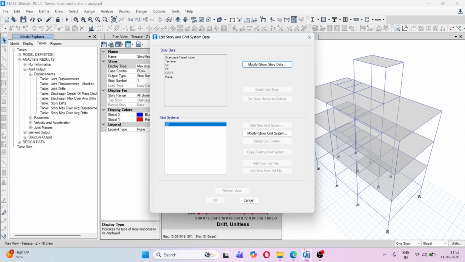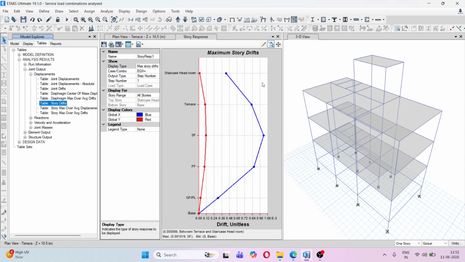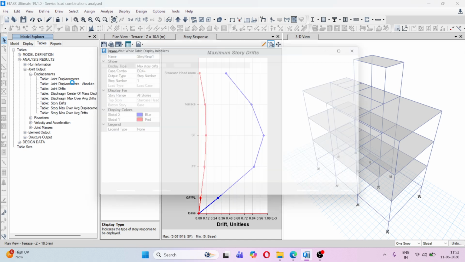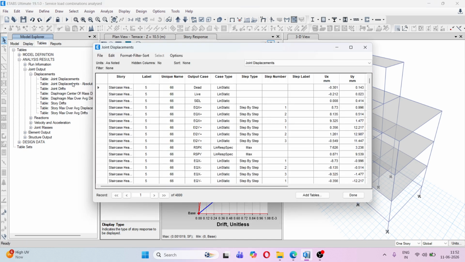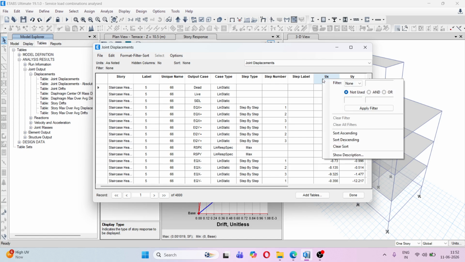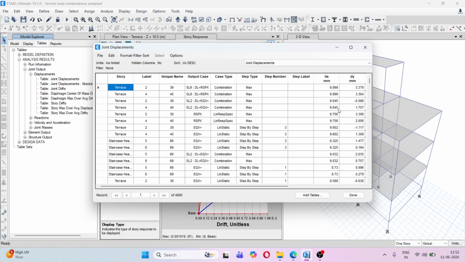Okay, so let's see what is the maximum deflection of the structure. For that, you can click here, joint displacement, right click, show table. Now for x direction, sort descending.